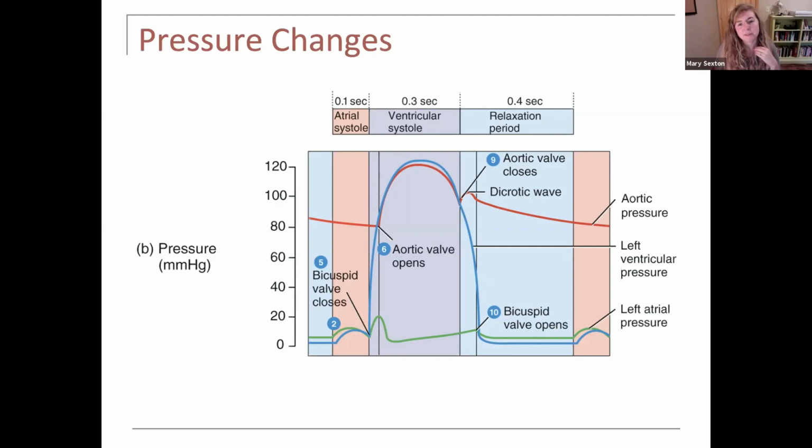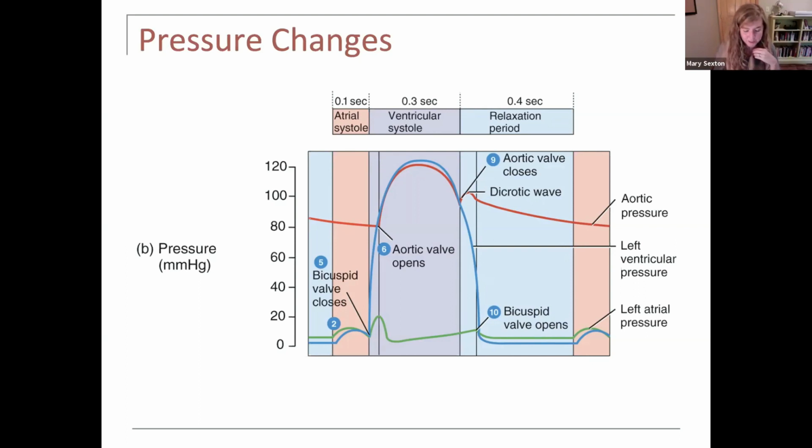Why is that? Because if our ventricle is relaxed, our atrium is contracting. And when our atrium is contracting, it's pushing blood into our ventricle. And we know blood flows from a high pressure to a low pressure. So that's why blood is going from atria to ventricle.